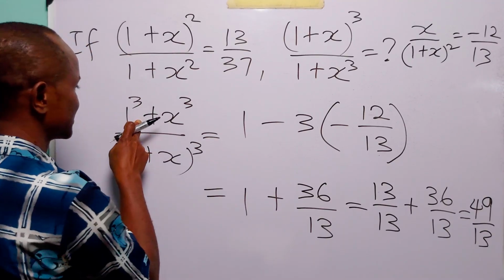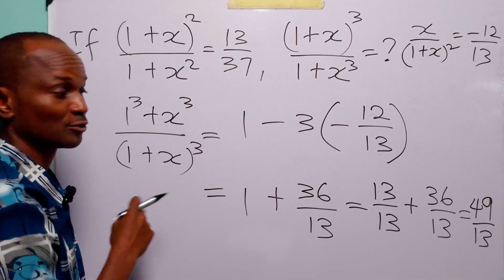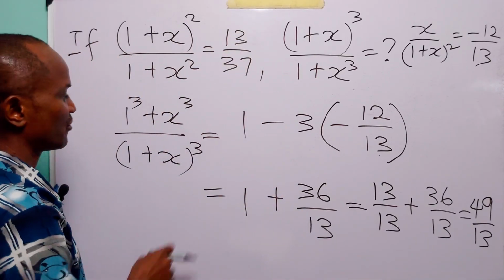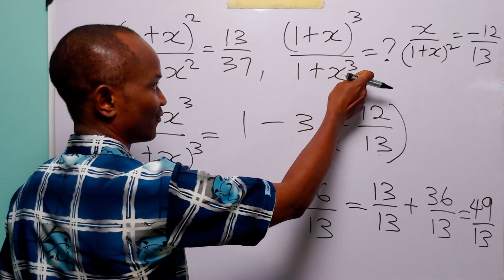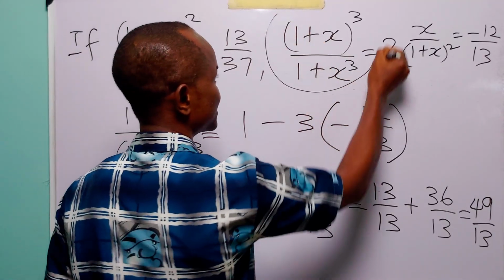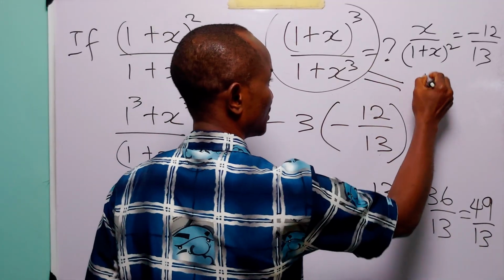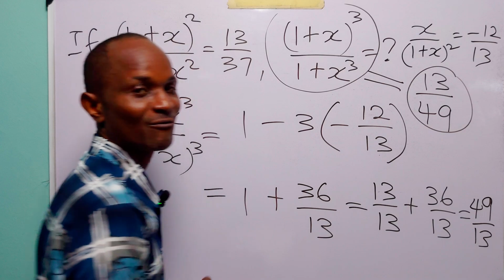So we have that (1 + x³) over (1 + x)³ is equal to 49 over 13. But remember that this is the reciprocal of what we are looking for. So we have that this, which is what we are looking for, is equal to 13 over 49.